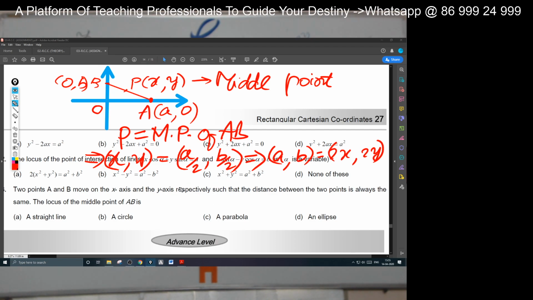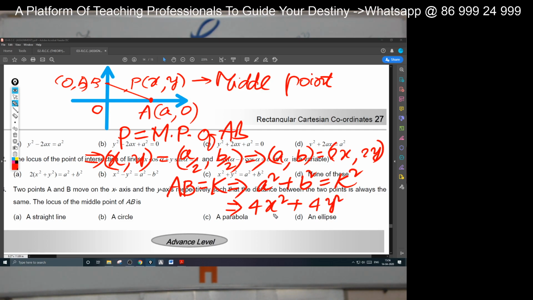What is given? The distance between the two points is always the same, they are saying. That is, AB distance is always a constant. AB is equal to some k. Then AB square is equal to k square. What is AB square? The distance between A and B: a square plus b square is equal to k square. That's right, Pratham, a square plus b square is equal to a constant. But what is the final equation?